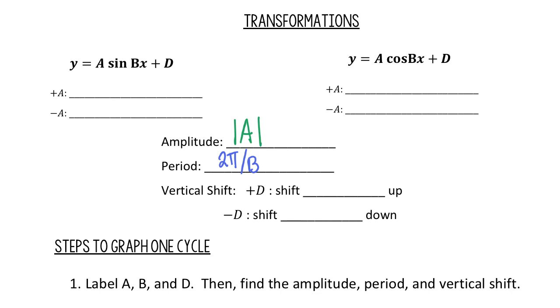If you see a vertical shift, you'll find it with the D value, whatever's been added or subtracted to the cosine curve. Plus D tells you to shift D units up, minus D tells you to shift D units down.